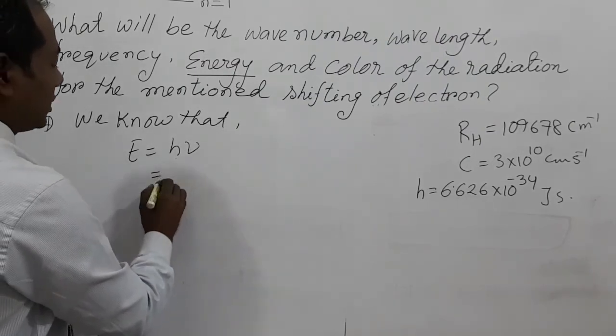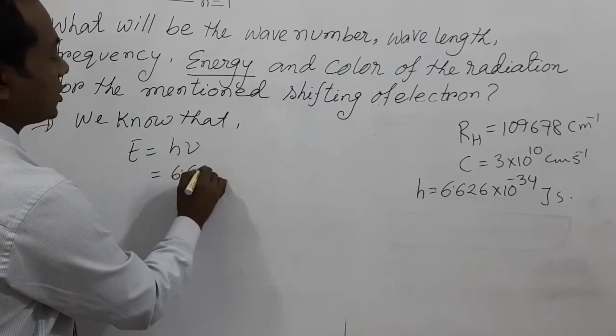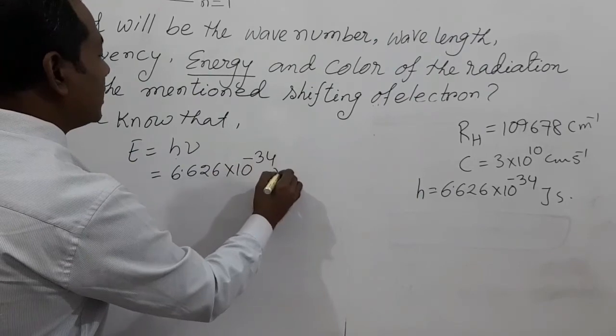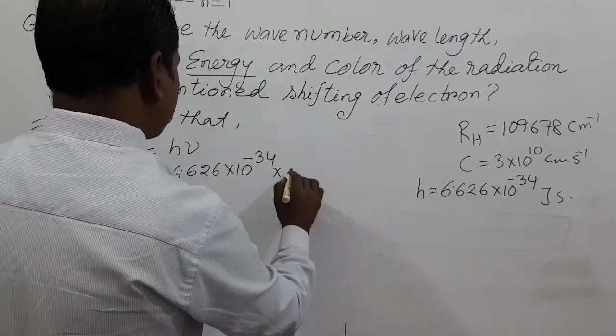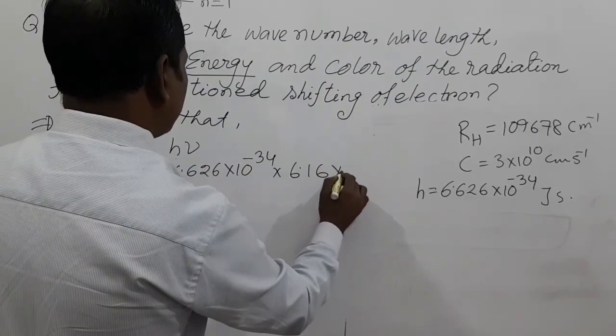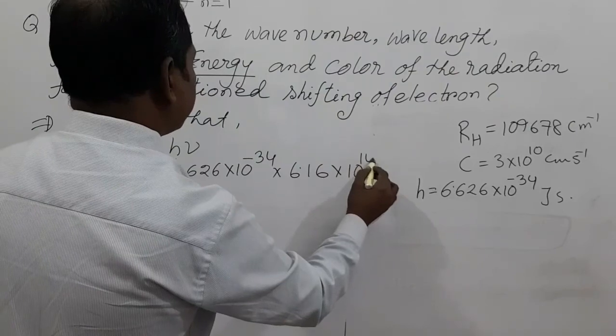So we write 6.626 × 10^−34 times frequency 6.16 × 10^14.